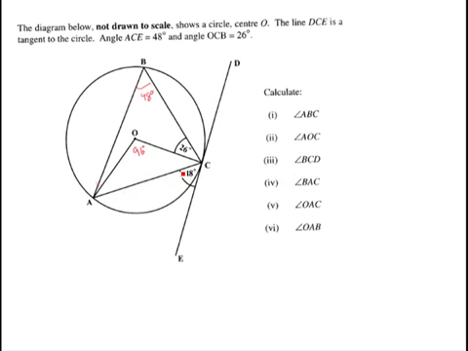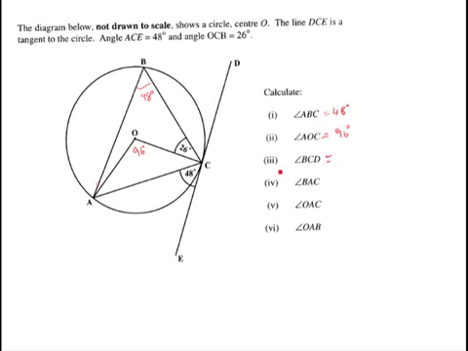And so the angle in the alternate segment, the angle in the major segment, is also 48 degrees. So we call this the alternate segment theorem. And this one is angle at the center is twice the angle at the circumference, so it's 96 degrees. We already put a reason early on.